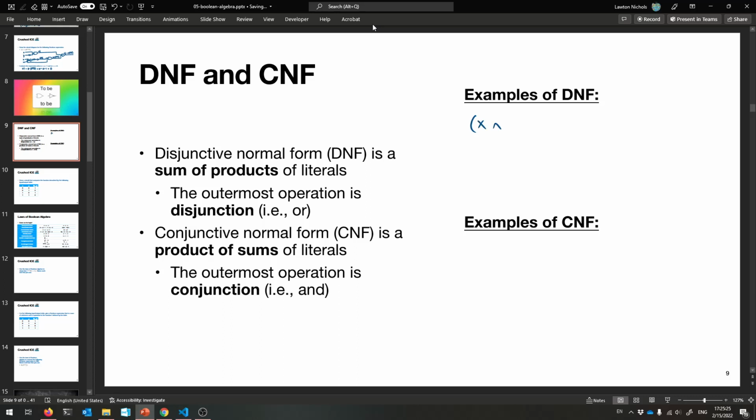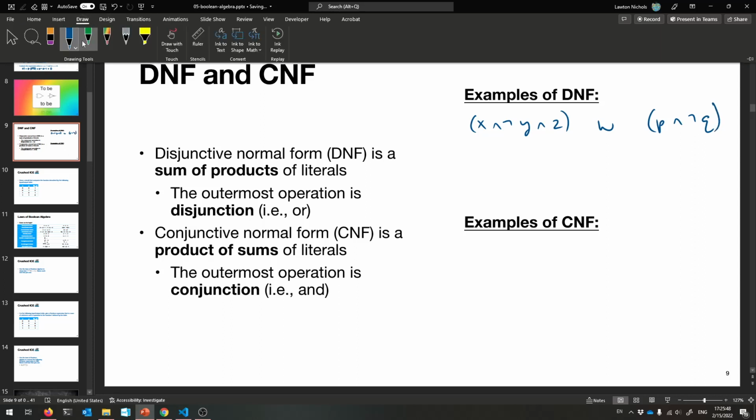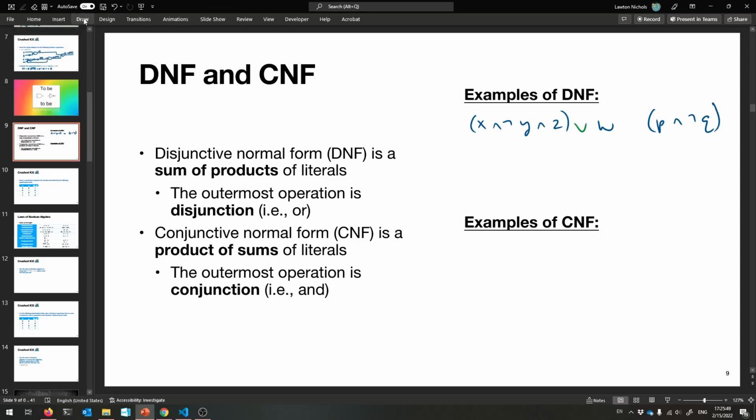So x and not y and z, ORed with w, or here's one thing ANDed together, here's another thing ANDed together, just one thing, here's another thing that's ANDed with some other stuff. If this is in DNF, that means I'm ORing all of these conjunctions together.